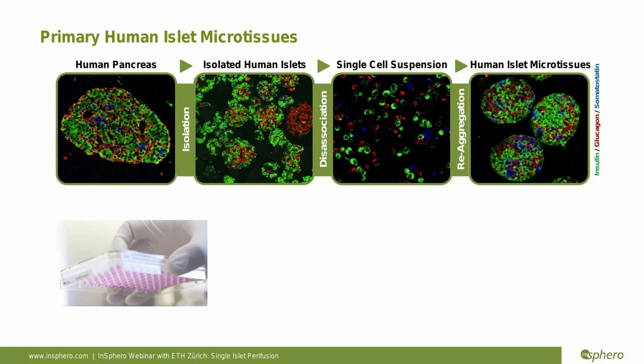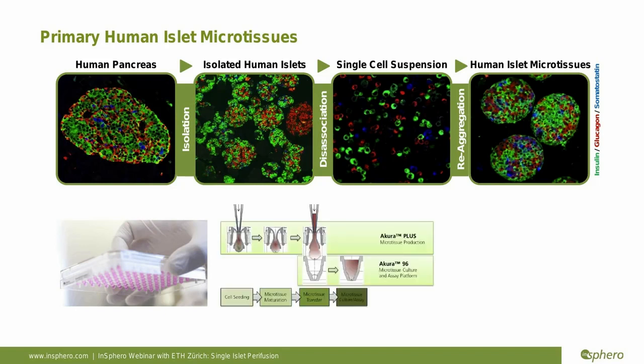They encompass 96 wells of hanging drops, and we seed the cell suspension into each of these hanging drops, and the cells spontaneously aggregate into these clusters in around 4 to 5 days. Then we transfer these newly forming islets into the receiver assay plate, which we call Akura 96, and culture them there for about a month, during which they sustain viability and functionality.